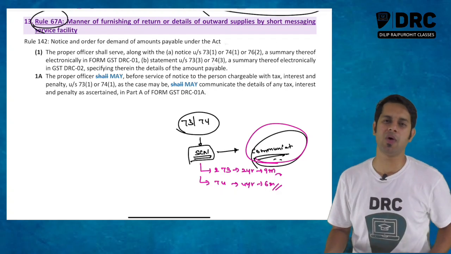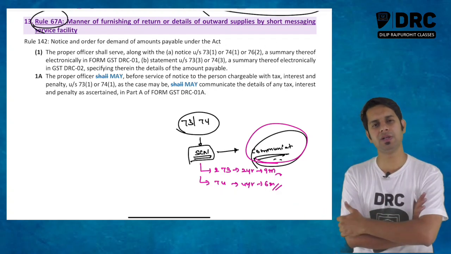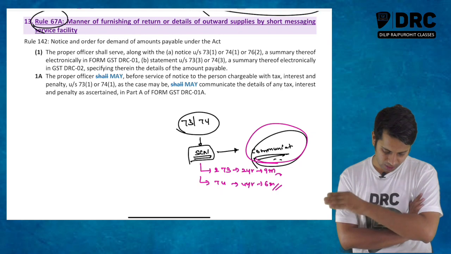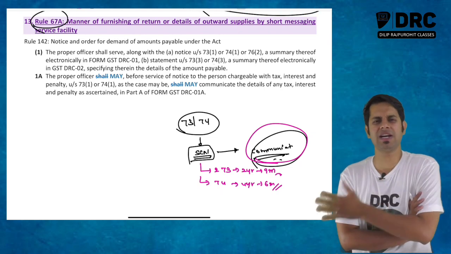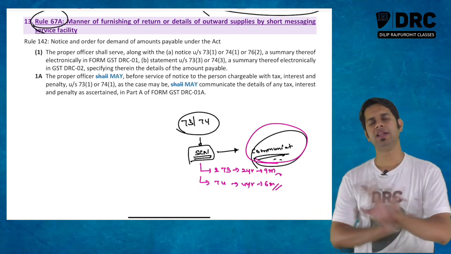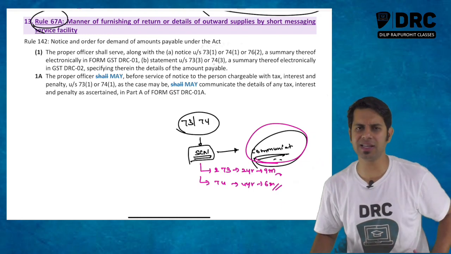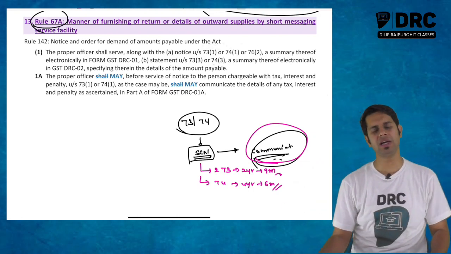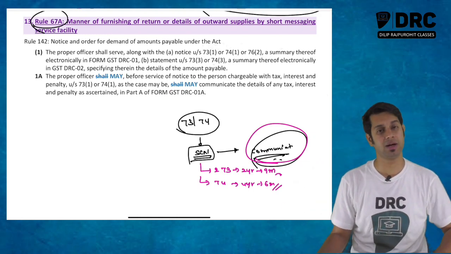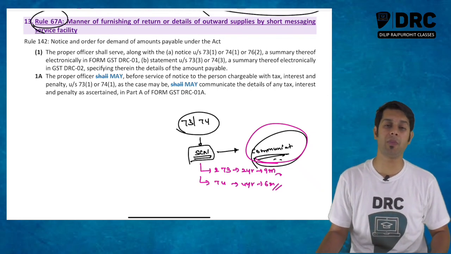Now because of which, which people, sir? All the registered persons who got this type of notice, they were enjoying it, aram se. Why, sir, they were enjoying? They were enjoying because the officer has made a mistake. He has not followed the law properly.